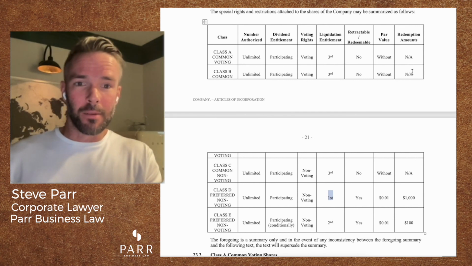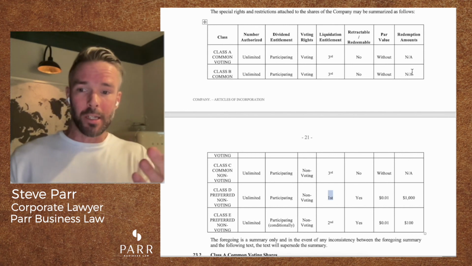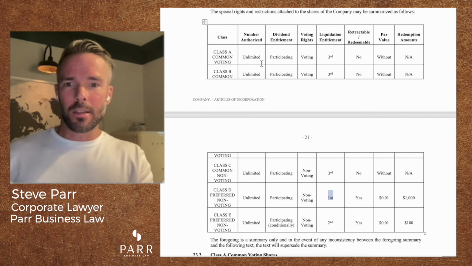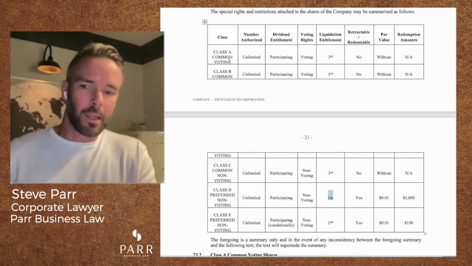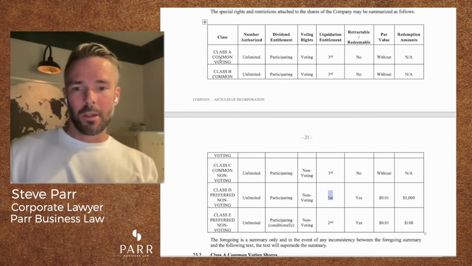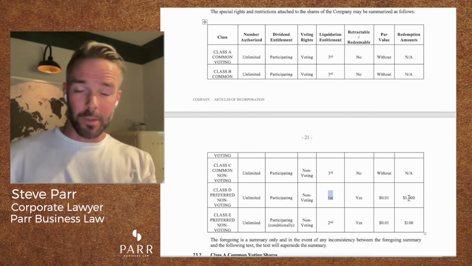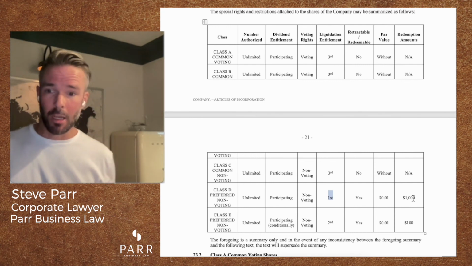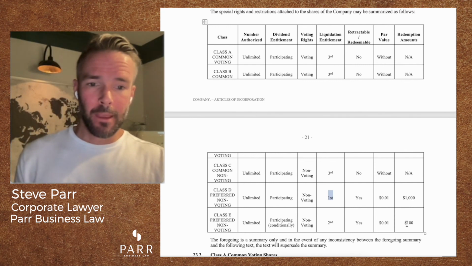You know, the company can, of course, come along and say, okay, I'll do it for $10,000 a share, and they have the option to accept or reject that offer, but there's no fixed amount. Whereas the redemption amounts we talked about earlier, they can come along and say, hey, I've got the 10K. I'm going to redeem your shares and take them back.